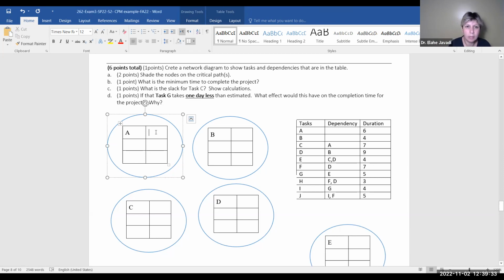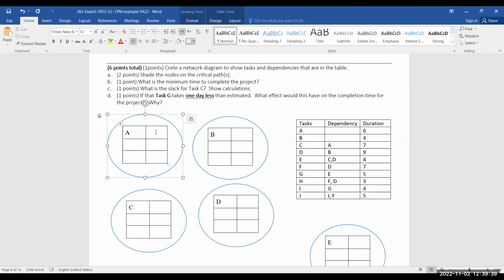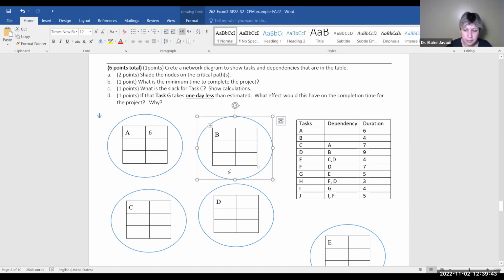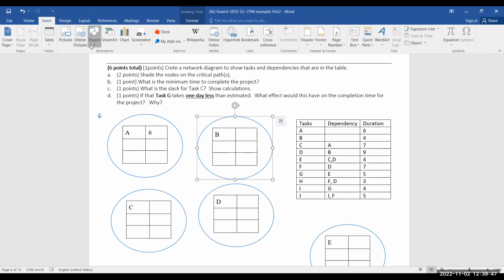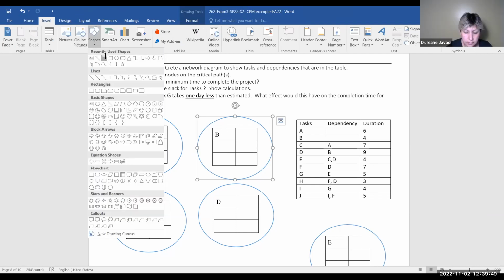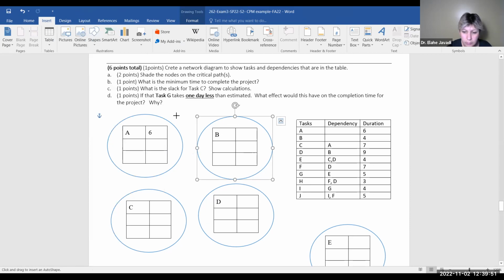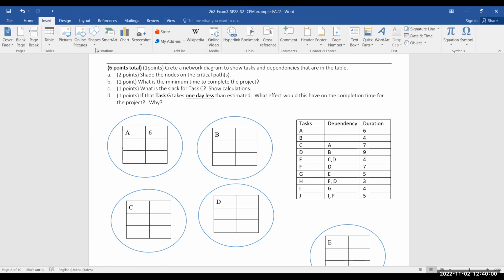A is taking how many days, Lauren? 6. Okay, I'm going to complete A. B, Dana, how many days? 4. Is it connected to anything? No. All right, so let's go to C. How many days is C taking, Keegan? Would that be 6 plus 7?